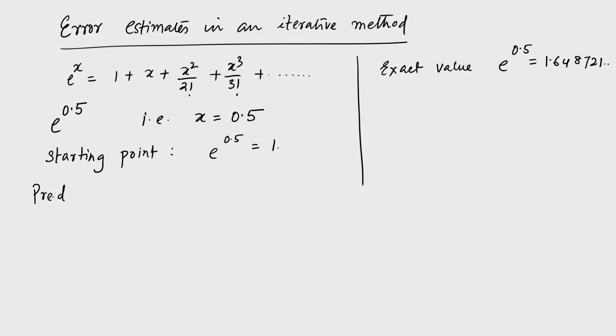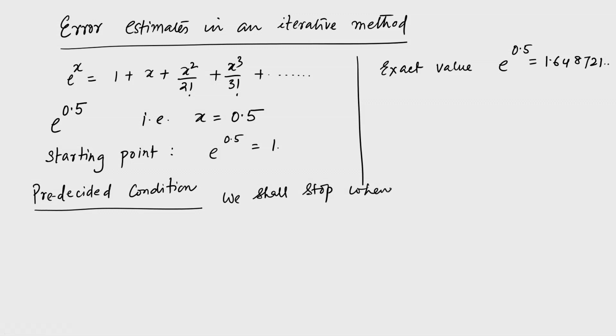The pre-decided condition is that we shall stop when the approximate relative error goes below a certain number, goes below epsilon 0.